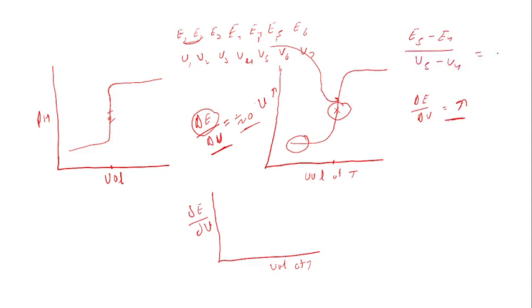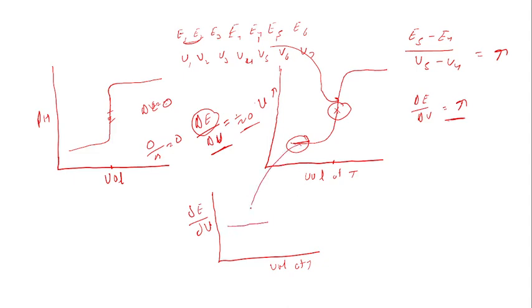So this value will be very high here, because the potential is increasing very drastically here, but here it is not, so the delta E value will be around 0. Zero divided by anything will be about 0 only. So if you plot delta E upon delta V here, it will be a straight line.